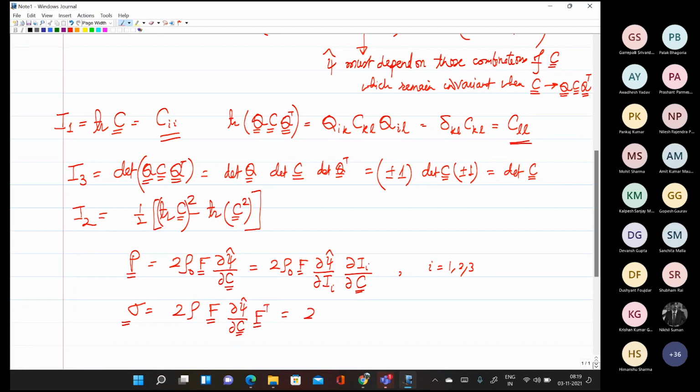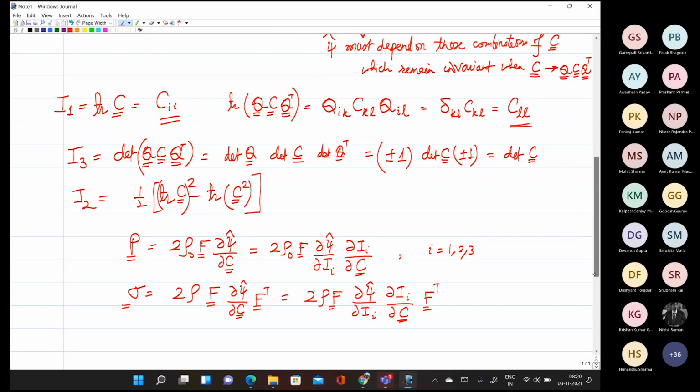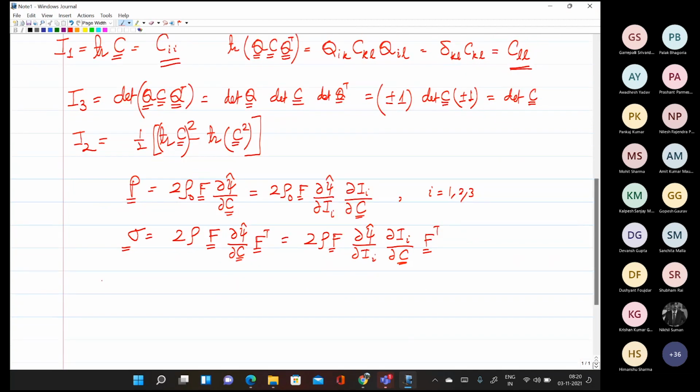So this then becomes 2 rho F del psi hat by del I_i into del I_i by del C into F transpose. Okay. Now each of these, del psi hat by del I, this is going to depend on what's the actual functional form of psi hat in terms of I1, I2, I3, right? We have to know this. But otherwise, rest all are kinematic quantities.